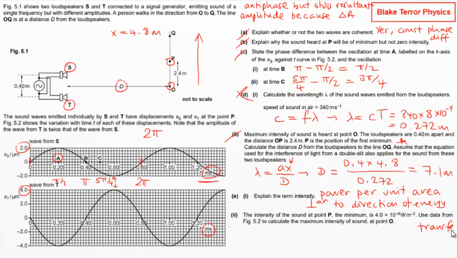It's no good just saying we've got some surface that the power is going through, but it's going through at an angle. We need this to be perpendicular. You've either got to take a component of the surface or a component of the energy transfer. So make sure you've got all that in there. Power per unit area perpendicular to direction of energy transfer. So that's our straight definition there.